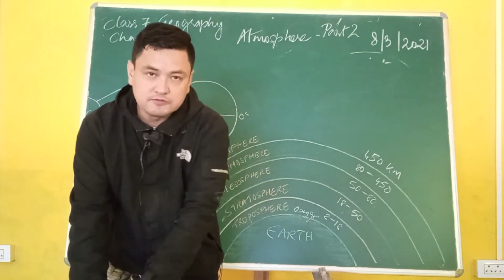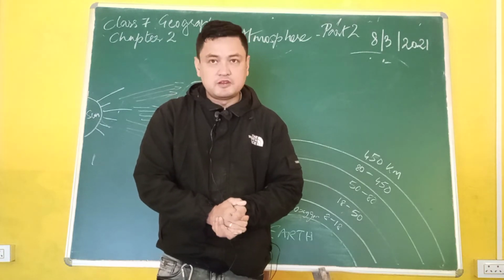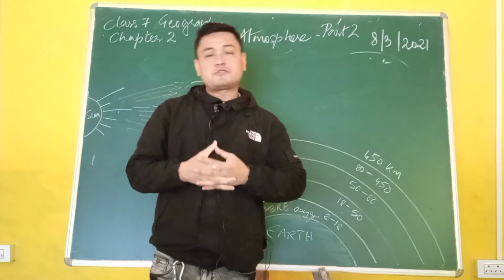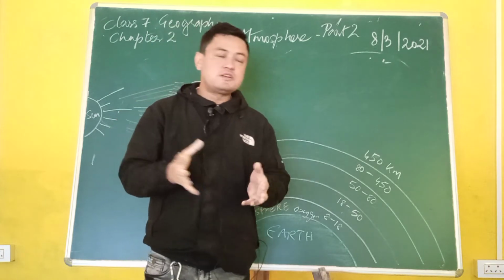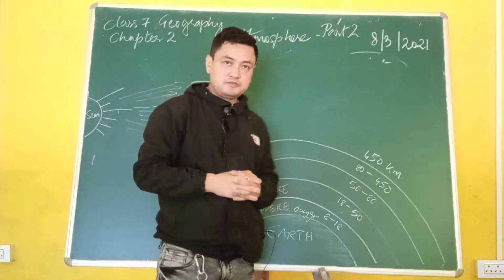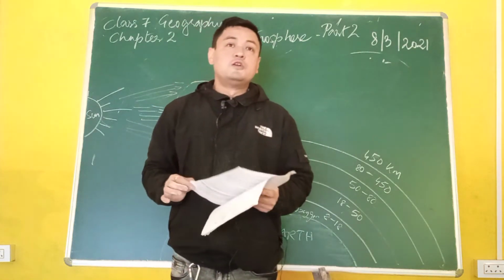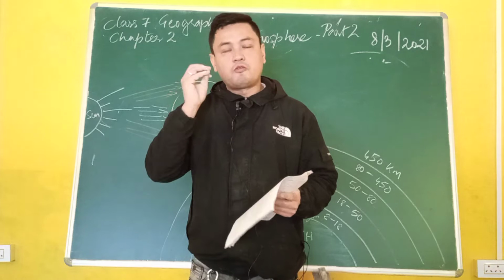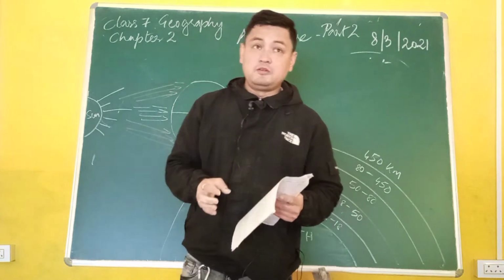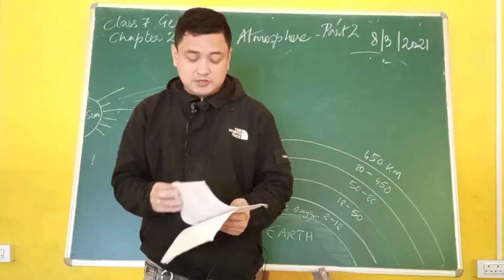So the amount of dust particles and water vapor varies from the equator towards the poles. Dust particles in the air are also found in areas with higher temperature as well as water vapor. So the quantity of water vapor varies from the equator towards the poles.